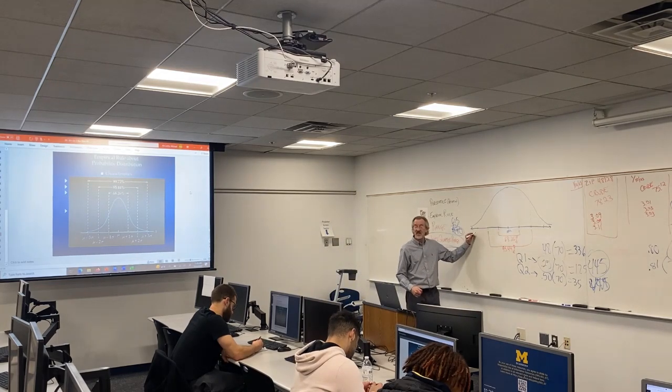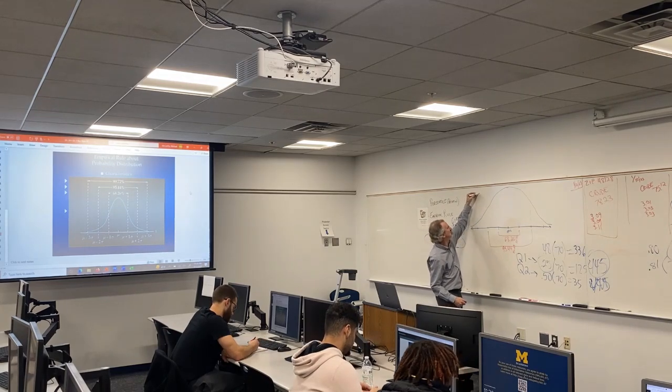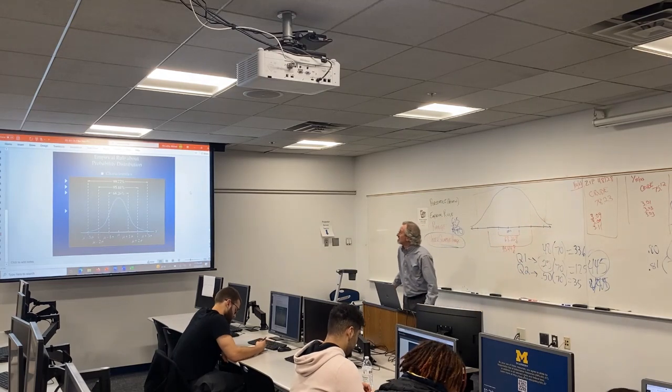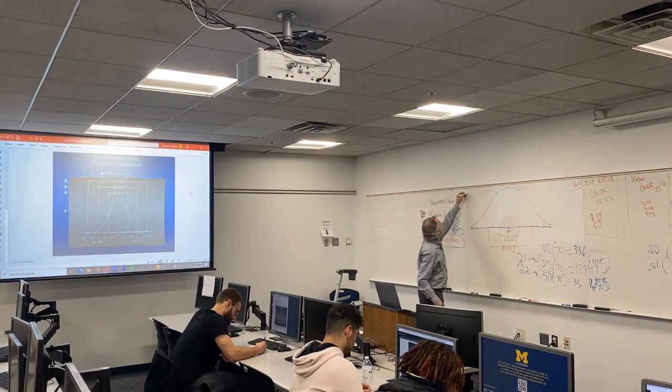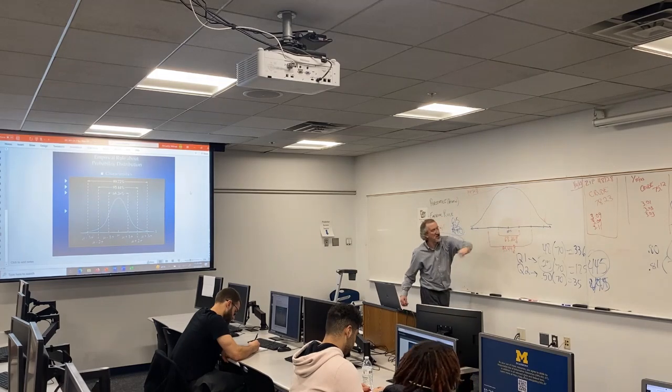Now, 3 standard deviations, all the way from there to there. That represents 99.72% of the area under the bell curve.